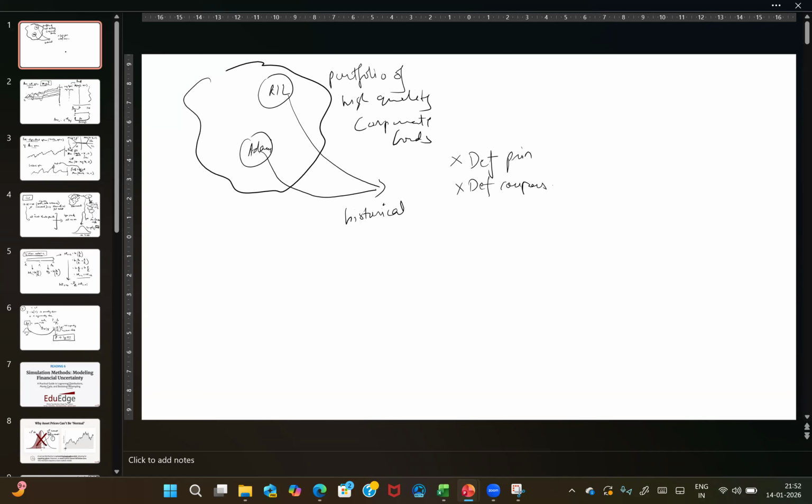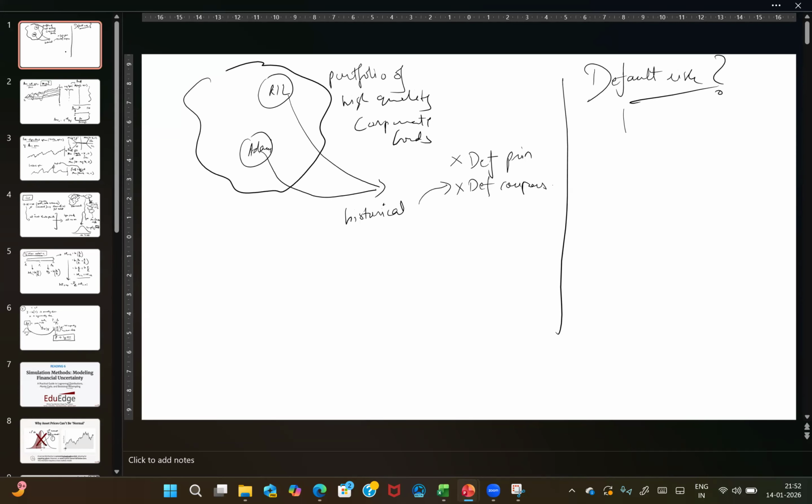But suppose I tell you to calculate the default risk of my corporate bond portfolio. Historically, Reliance or Adani bonds or AAA bonds of currently high quality companies have never defaulted. There's no historical precedent for that. So how do we calculate default risk is a big question mark, right?